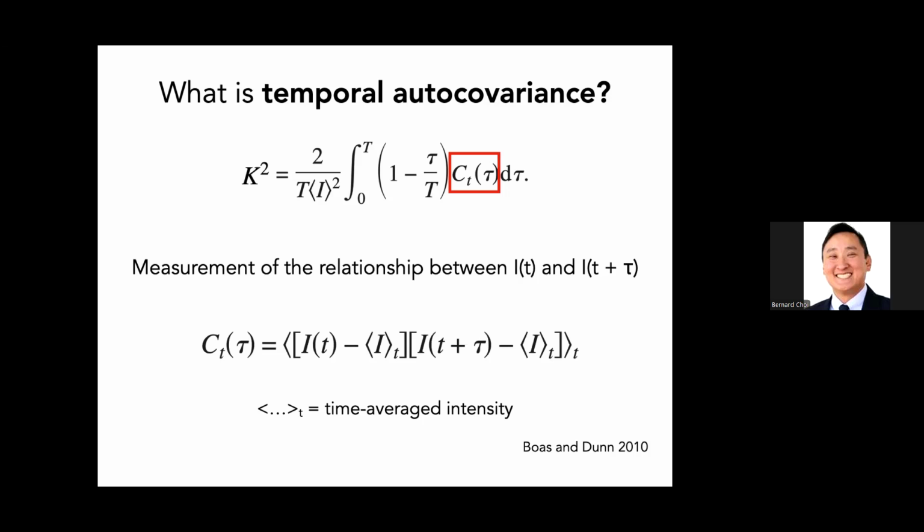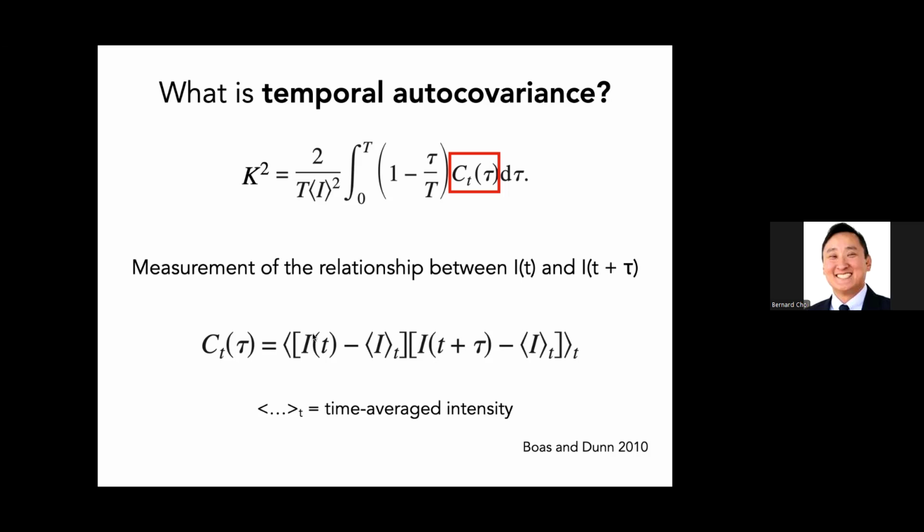Over short time periods it'd be correlated, and over longer time periods it would get worse and worse. The correlation between what it was at one point in time versus some time delay later. Okay, yeah, Anna: how the signal is correlated to itself.